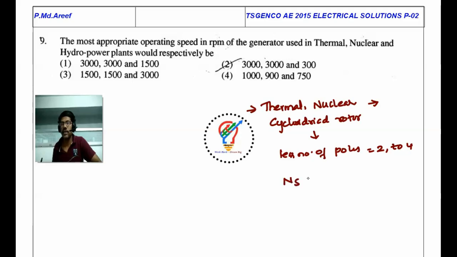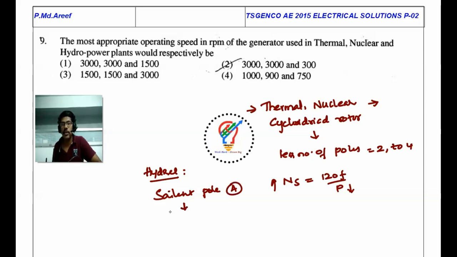Ns is 120f by P. As the poles are fewer, they rotate at very high speeds, 3000 here. In a hydro power plant, we use salient pole alternators, which have a larger number of poles, for example say 120.